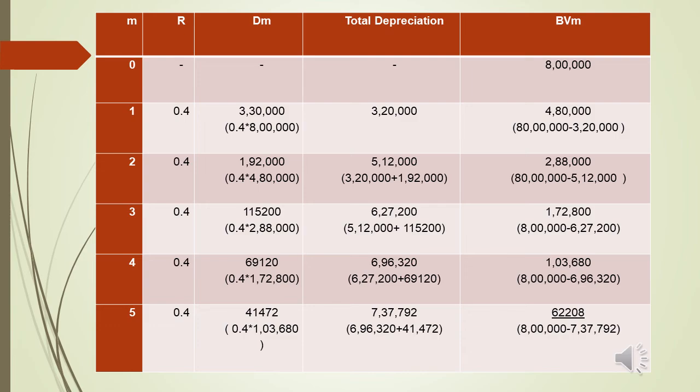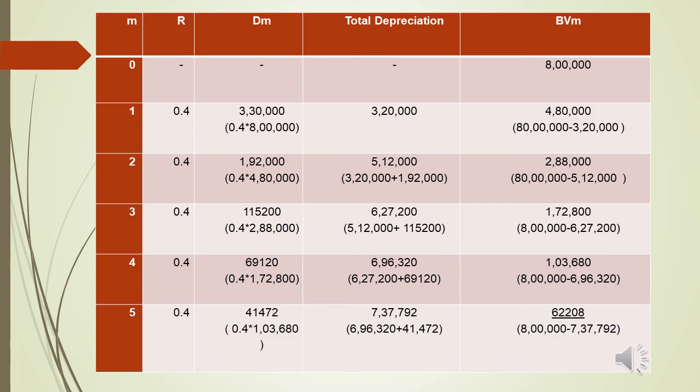So 0.4 into 8 lakh will give me 3,20,000. So that box is filled. Now the total depreciation is the same value. For the double declining method, it is the same, so write the same value.